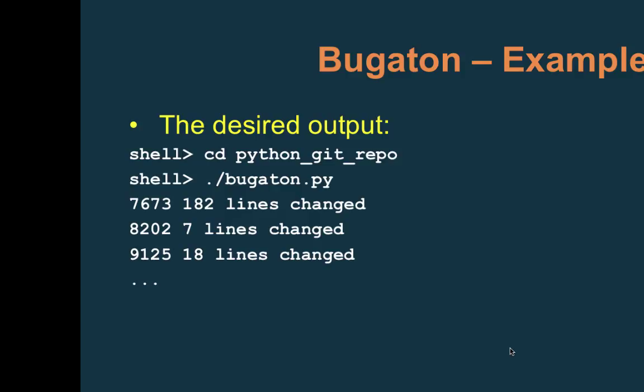This is what I would like my program to do. If I run bugaton.py in my local working directory where I have the Git repo, it's going to print a table like this, say bug or issue number 7673, 182 lines changed. And this includes lines added and deleted. That's how Git counts. And so on. Okay?